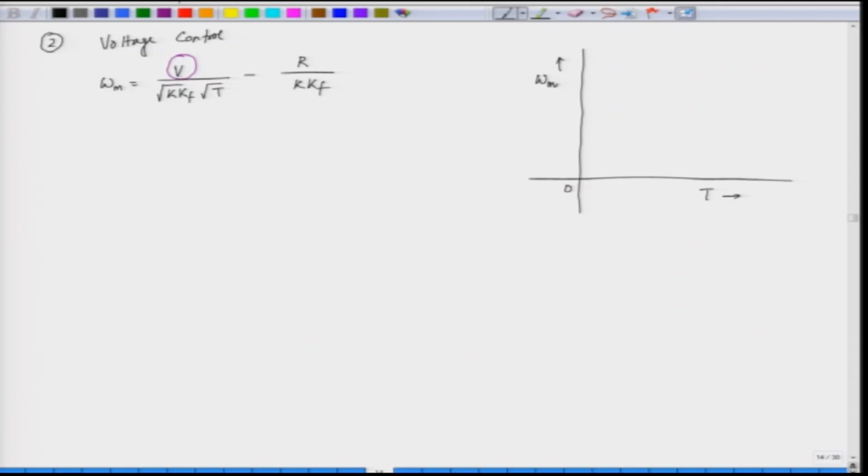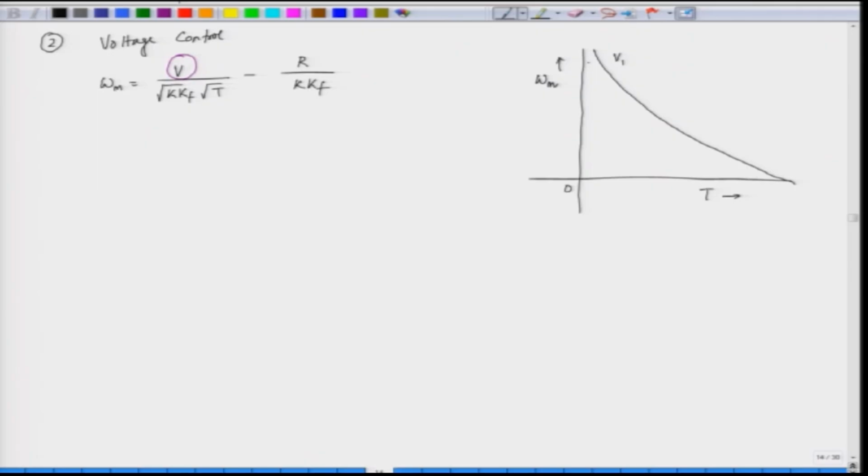Now, when we have the profile here for some value of the voltage V 1, let us say the voltage changes to V 2. When the voltage changes to V 2, the no load speed changes. It means, if we decrease the voltage, the speed will decrease.